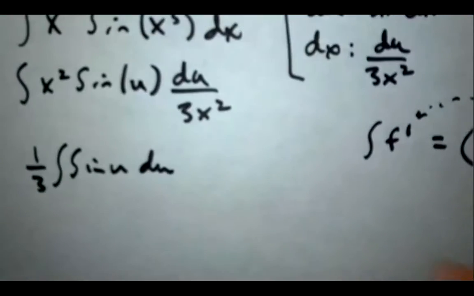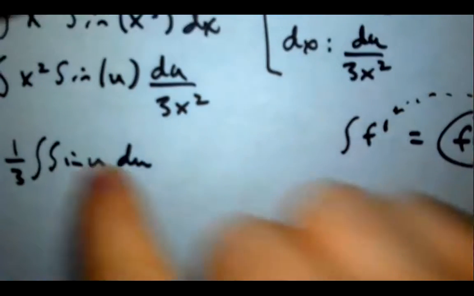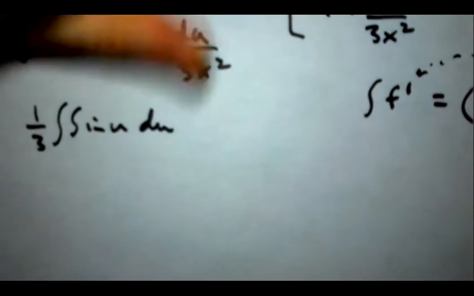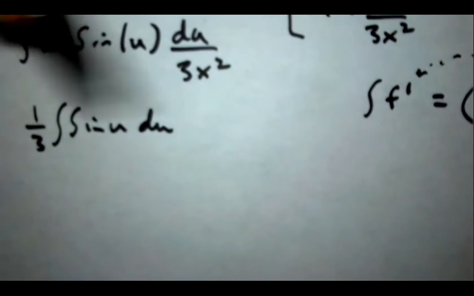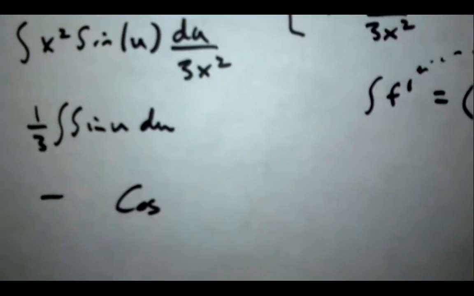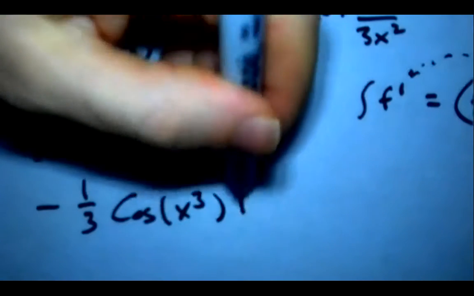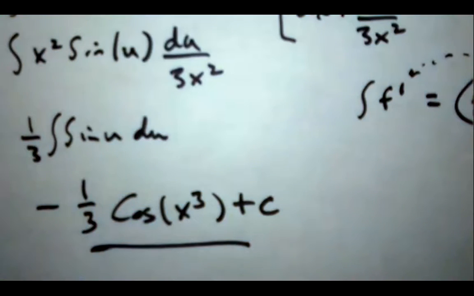So what do I need to take the derivative of to get sine? The derivative of cosine is negative sine. So if I want this to be a positive sine, I need to come up with a negative cosine as my result there. So now it's negative 1/3 cosine u plus c.